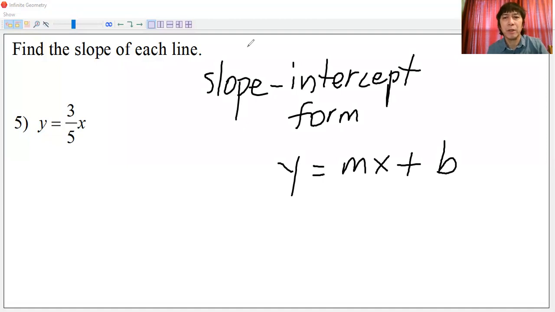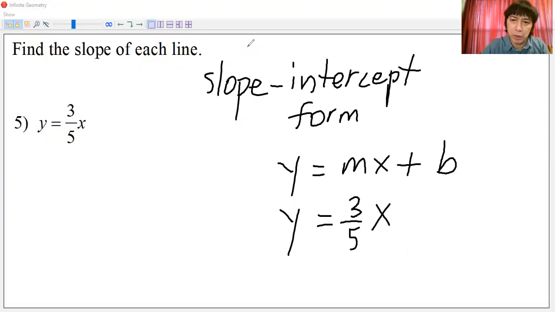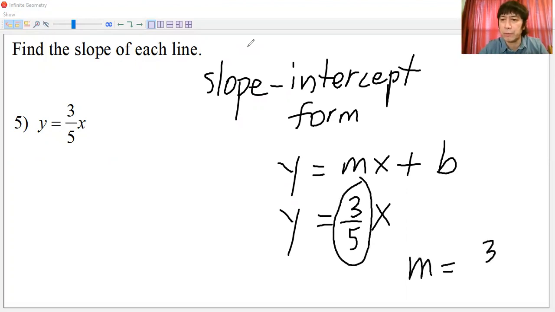Now, for our given, you can see the presentation of the equation. Y is equal to 3 over 5x. It's very clear that the M is right here. There is the M. So therefore, the slope is 3 over 5. And you can verify that there. So it's 3 over 5.